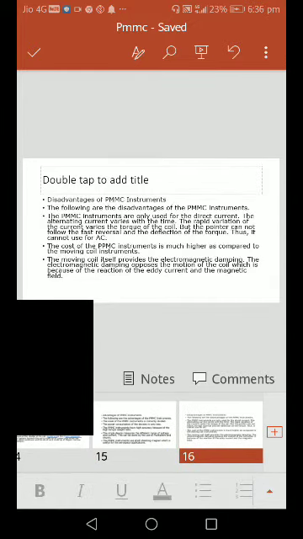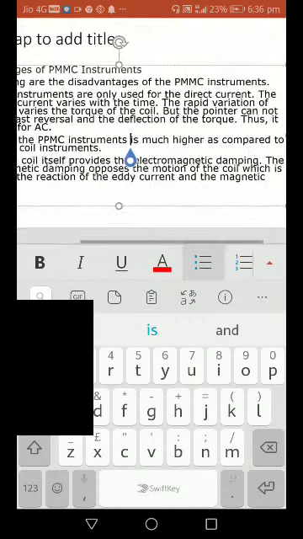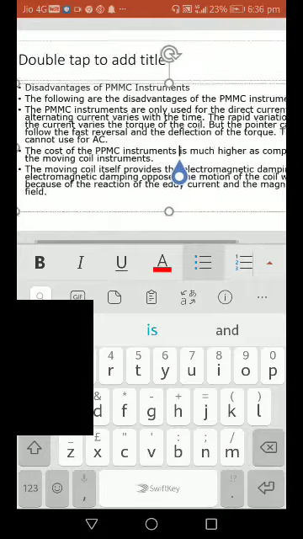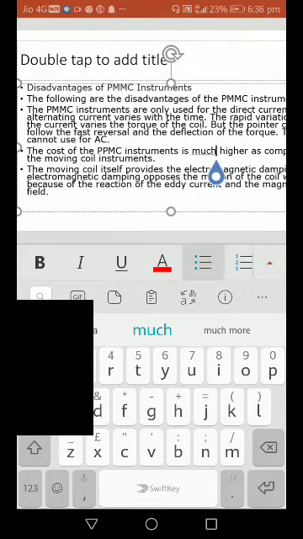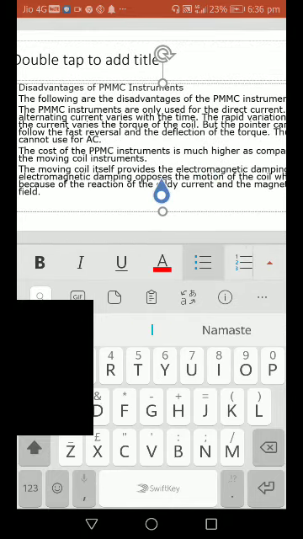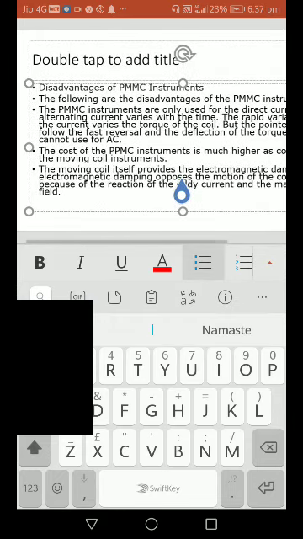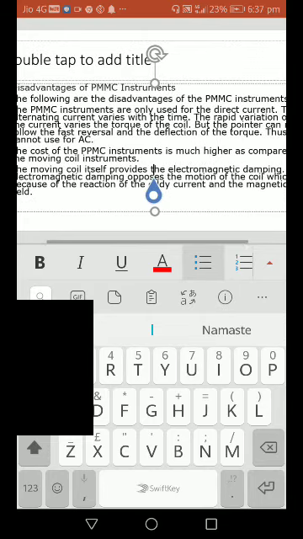Next, disadvantages of PMMC instruments. PMMC instruments are only used for direct current. Alternating current varies with time.